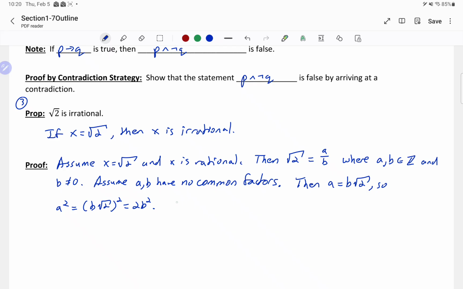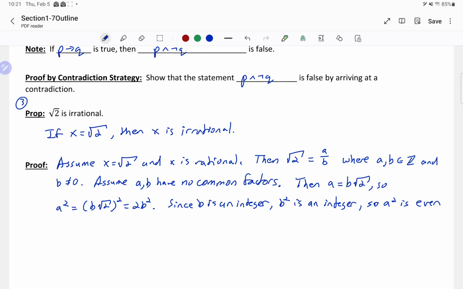So first of all, B squared is an integer, so I should say since B is an integer, B squared is an integer. So A squared is even.